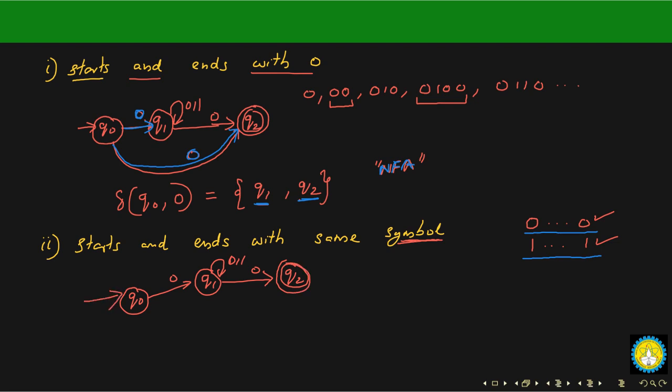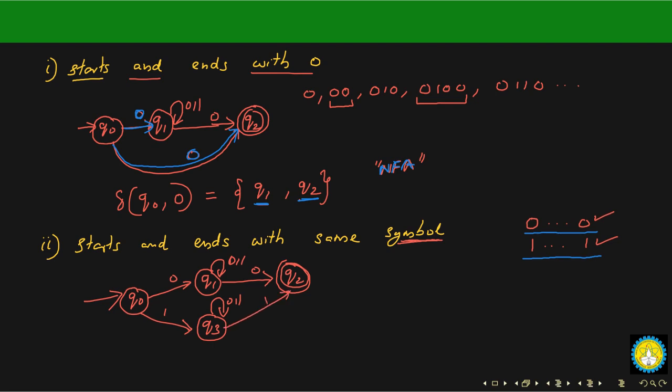And from Q0 you can also start seeing 1, right? If you see a 1, then let's say it's Q3 here, and at Q3 I can see anything, 0 or 1. From there, if I see a 1, I will get back to Q2.